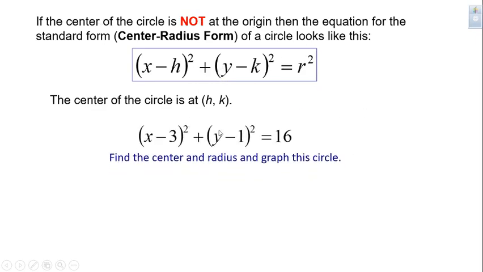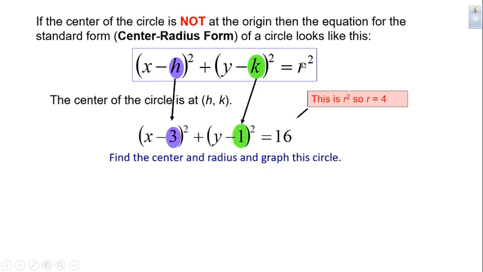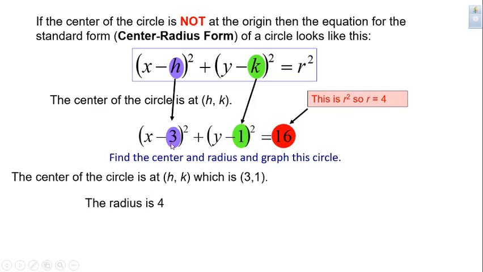So if I have an equation like this, (x minus 3) squared plus (y minus 1) squared equals 16, we realize that h must be 3, k must be 1, and remember this is r squared, which is 16, so r is 4. So we're talking about a circle whose center has coordinates (3, 1), and the radius is 4. How do we graph that? First, we identify the center.